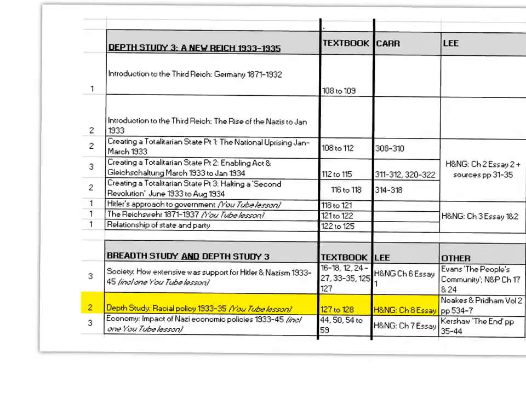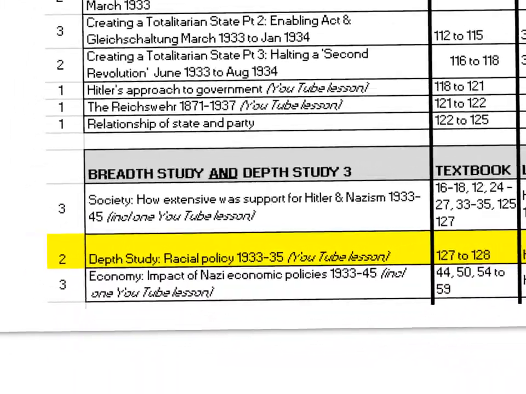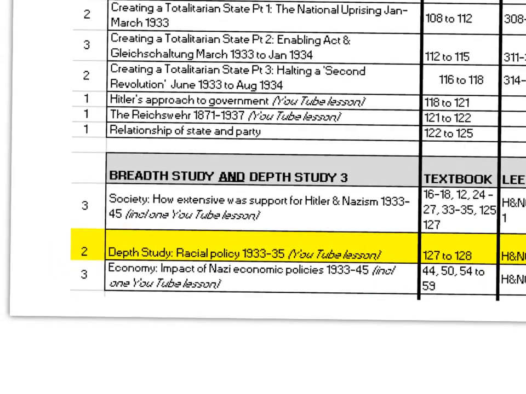the majority of the lessons have been about the depth study, but the recent lessons have been mainly for the breadth study. Now in the breadth study, of course, you'll only write one paragraph about Nazi Germany, probably because you're writing about a whole 120 years of history and fitting Nazi Germany into the relevant section.